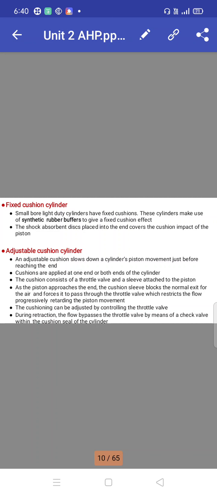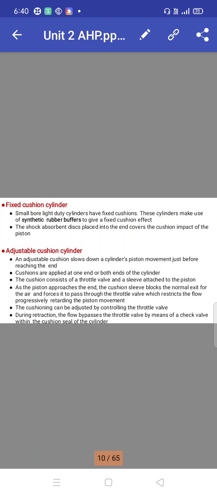Adjustable cushion cylinders. An adjustable cushion slows down the cylinder's piston movement just before reaching the end. Cushions are applied at one end or both ends of the cylinder. The cushion consists of a throttle valve and a sleeve attached to the piston.